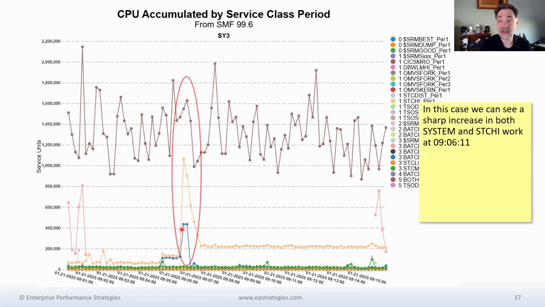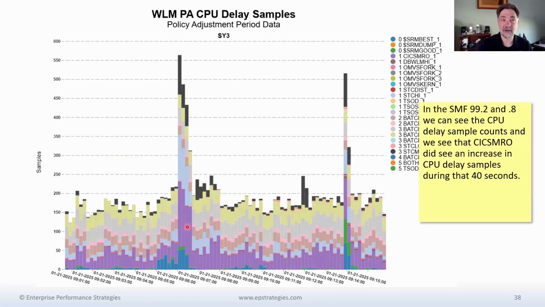And remember, these workloads are system and STC high, system being the top of the heap. It's the most important work in the system. The STC high, I'm guessing, is also very important and probably has a relatively high dispatching priority. And sure enough, when those things came in, other things did suffer, as we'd probably expect, right?